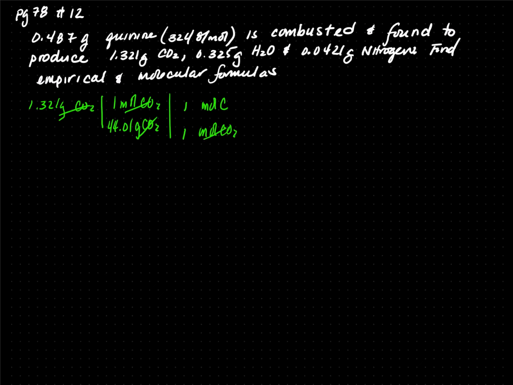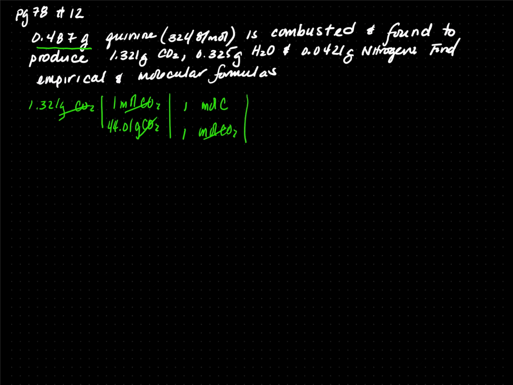The moles cancel out. Here, we do not want to stop at moles. We want to go to grams because we need to find the amount of oxygen present in quinine. And since the sample mass is given in grams, we have to convert it into grams.